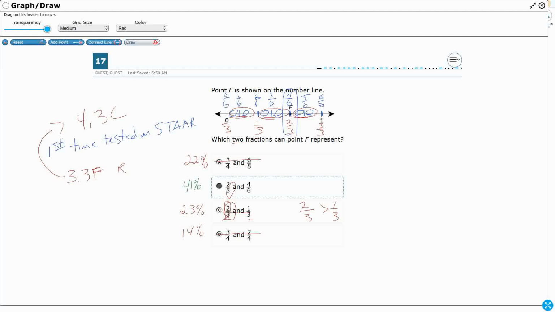Obviously, with this being 41%, this is the seventh hardest item on the test, tied. So even though this is a readiness standard in the third grade, doesn't mean that we can just skip right over this in the fourth grade.